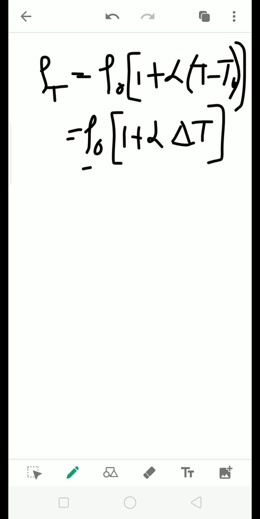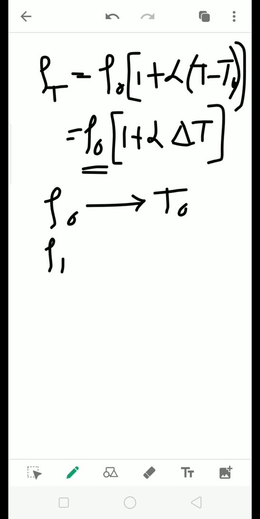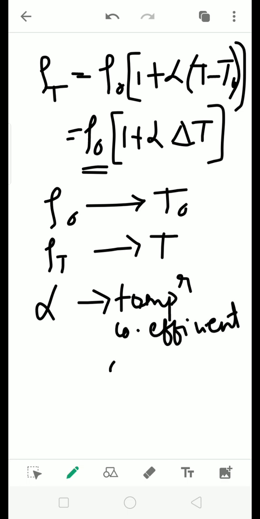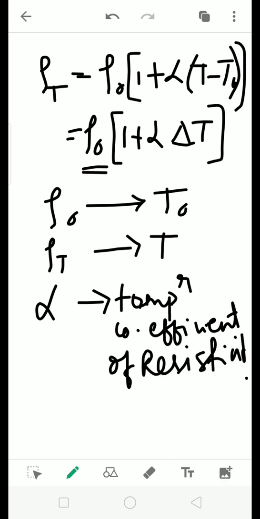Rho naught is the resistivity at the temperature T naught, and rho T is the resistivity at temperature T. Alpha is a new term here, termed the temperature coefficient of resistivity. This is a constant, and its dimension is temperature inverse.